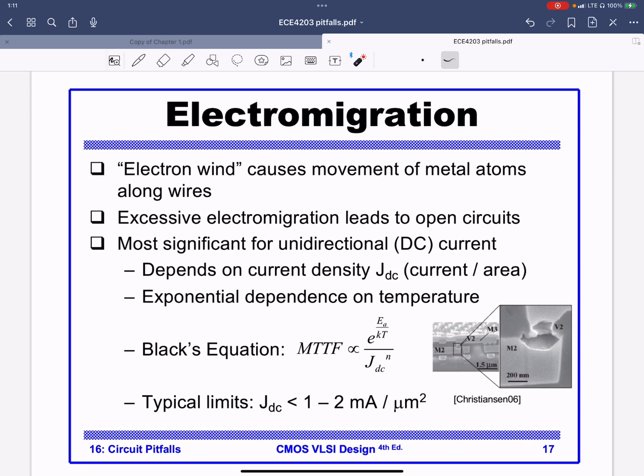If you run too much current through a very tiny wire, and you have to remember these are really, really small wires, the large number of electrons going through can start removing atoms of, let's say, aluminum or copper from the wire and putting them somewhere else. At some point, this wears out the wire and causes a blockage.